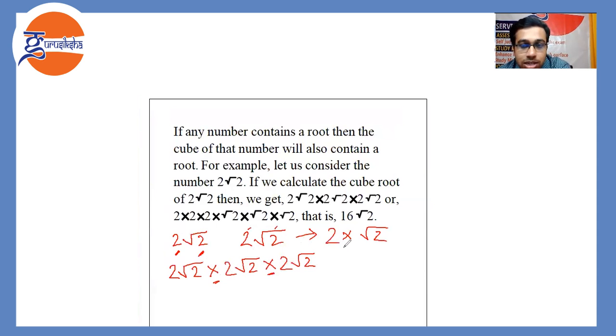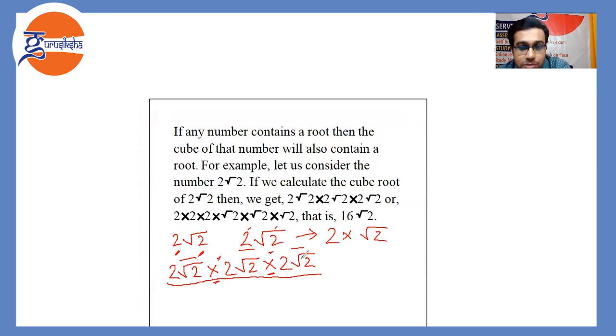As discussed earlier, the relation between this 2 and this √2 is that of multiplication. So the relation between these three 2√2s is also that of multiplication, as you can see.